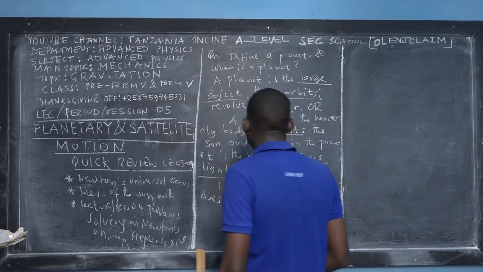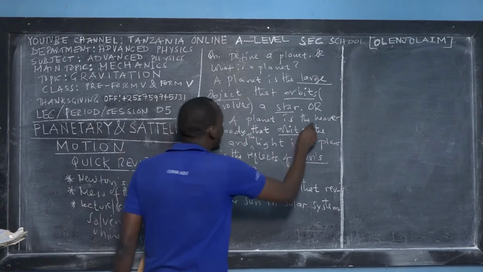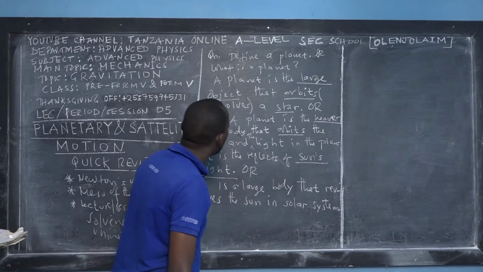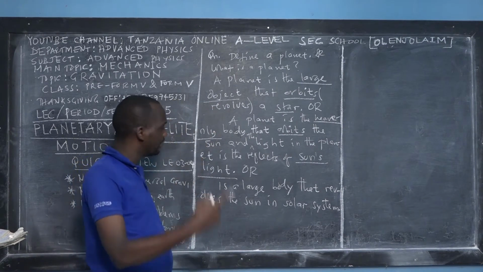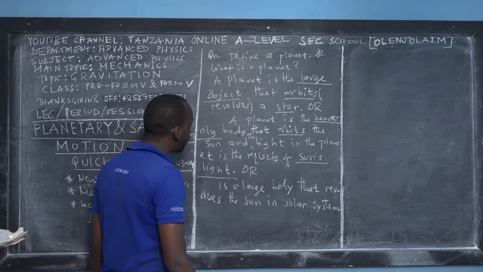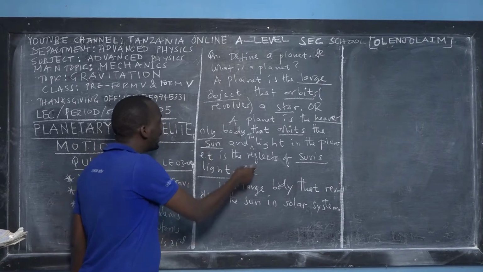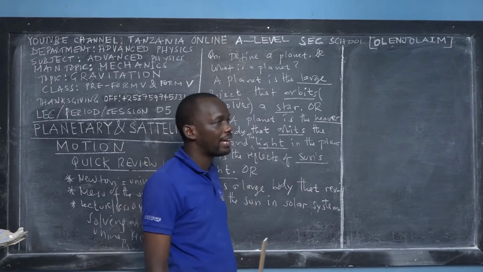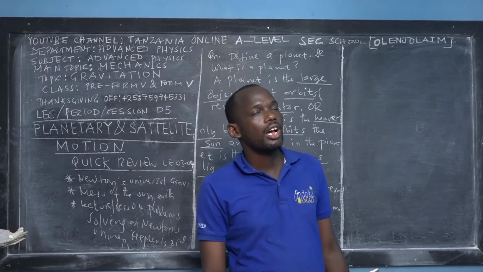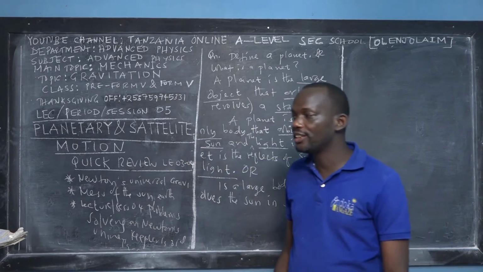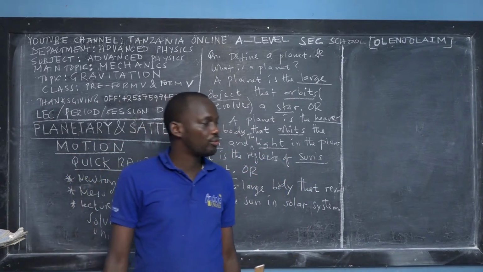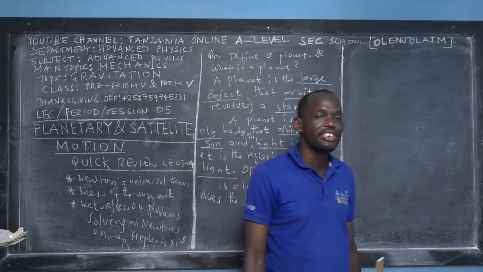In the second definition, a planet is a heavenly, not earthly, not worldly, heavenly body that orbits the sun. And the light we find in the planet, for example, in the planet that we call the Earth, where we live as human beings, we find the white light during the daytime.